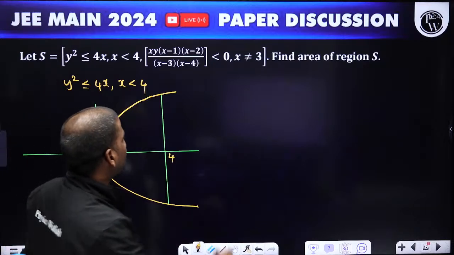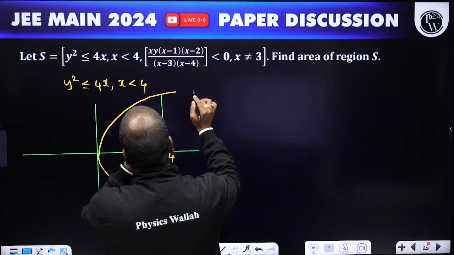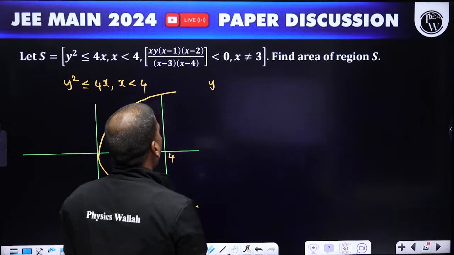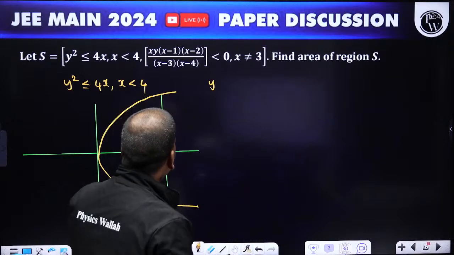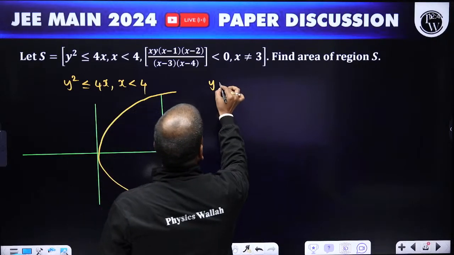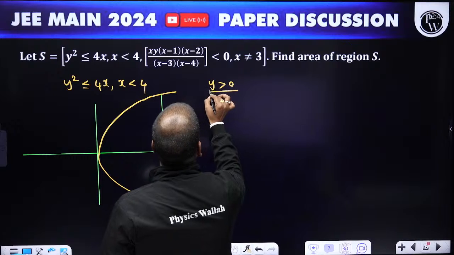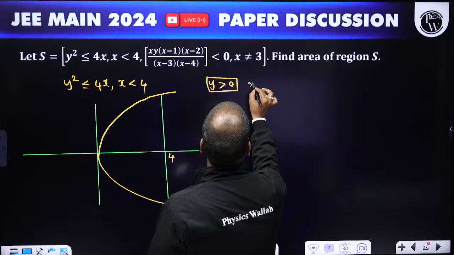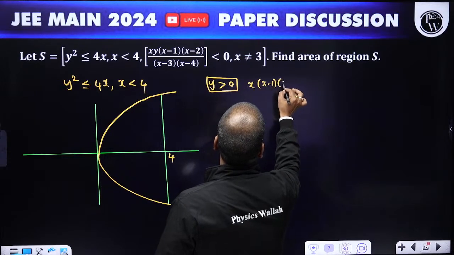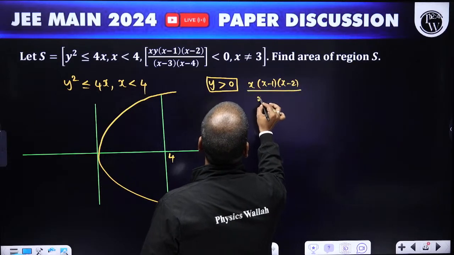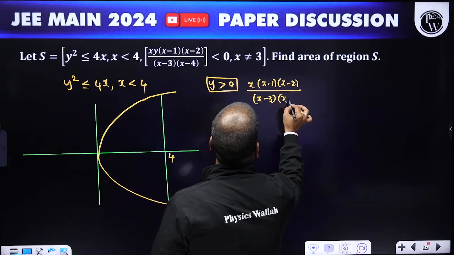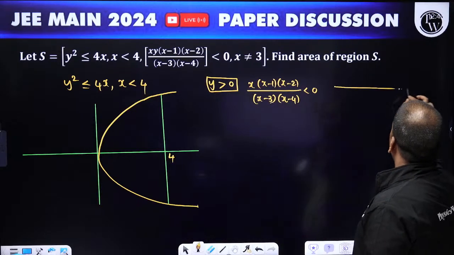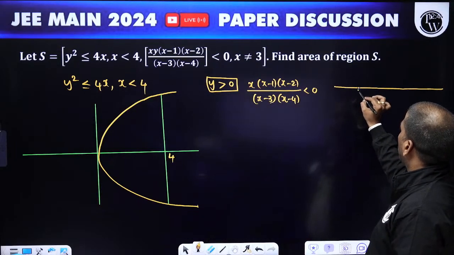But one more condition is there: this whole product is less than 0. We don't know if y can be positive as well as negative, so we will take y greater than 0. When y is greater than 0, what do you get remaining? (x − 1)(x − 2)(x − 3)(x − 4) less than 0. When such expressions are there, we will take the wavy curve method; everybody knows.